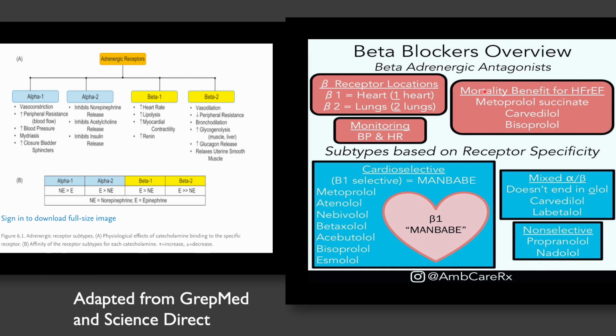It also gives you a narrative on the mortality benefits of beta blockers for reduced ejection fraction heart failure. Here are the cardioselective beta blockers: metoprolol, atenolol, esmolol. You have mixed alpha and beta blocker agents, carvedilol and labetalol. And you have the non-selective beta blockers, propranolol and nadolol.